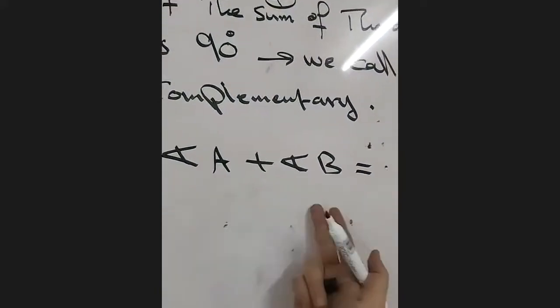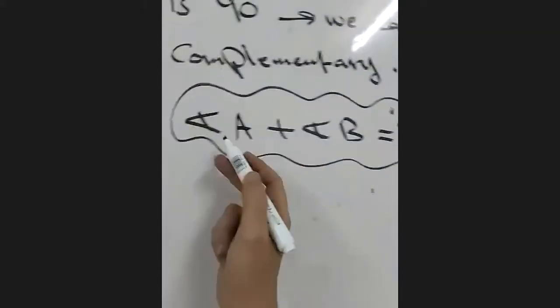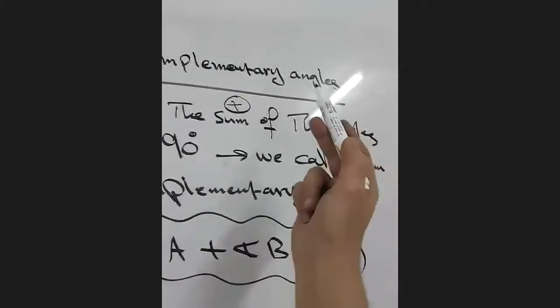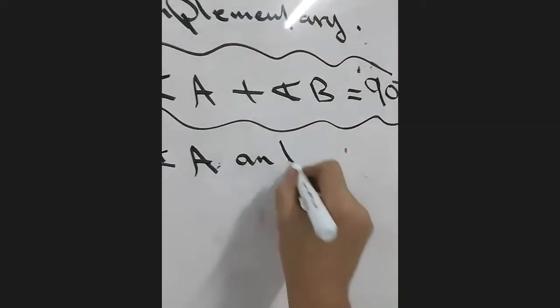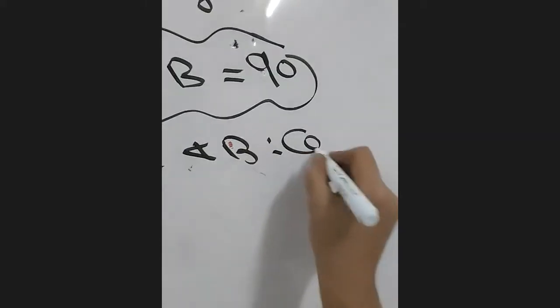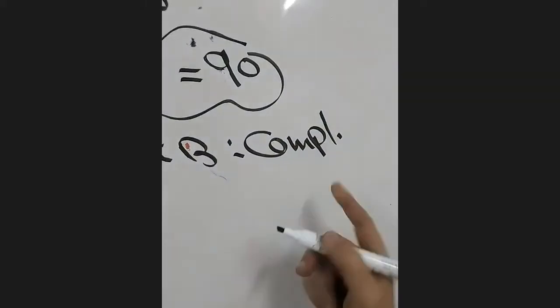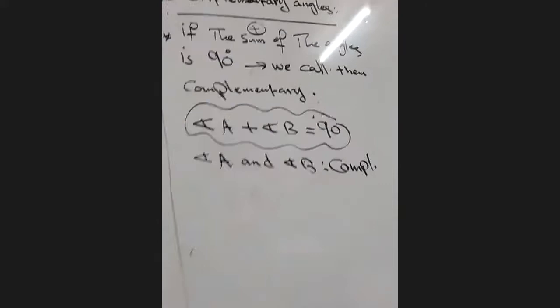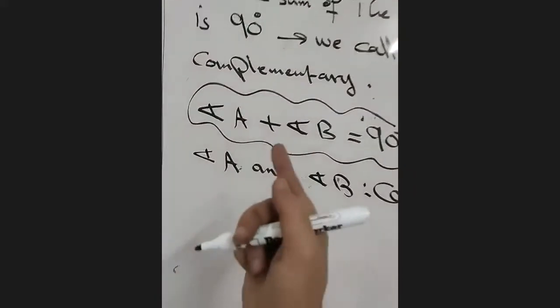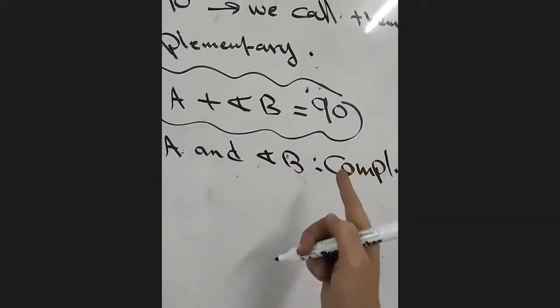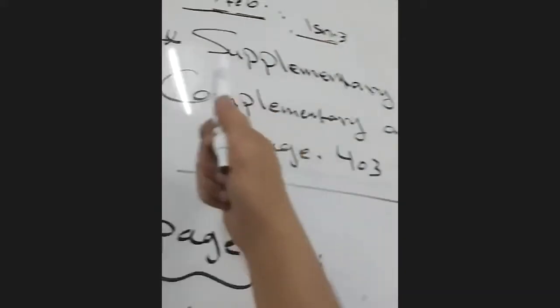If the addition of them is 90 degrees, we call angle A and B complementary angles. So if the addition of two angles is 90 degrees, we call them complementary angles.